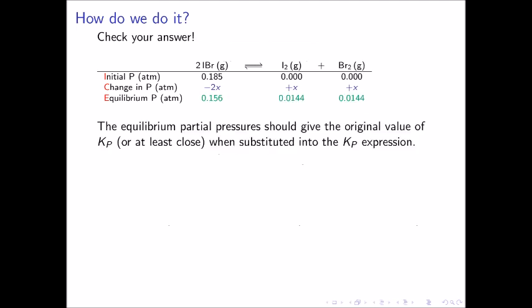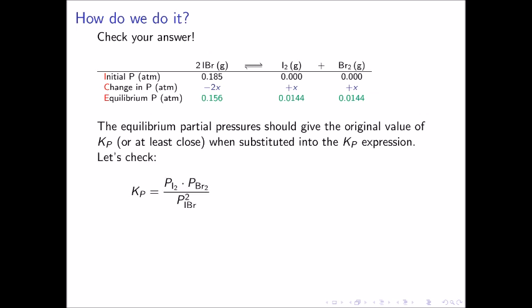We have now determined the equilibrium partial pressures for all three species, but one important step is to check your answer. The equilibrium partial pressures should give the original value of Kp, or at least a very close value, when substituted into the Kp expression.